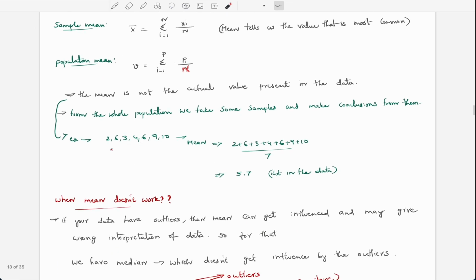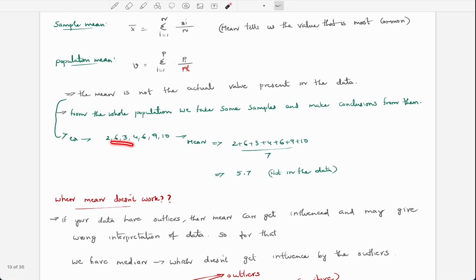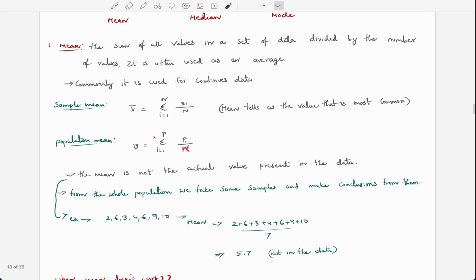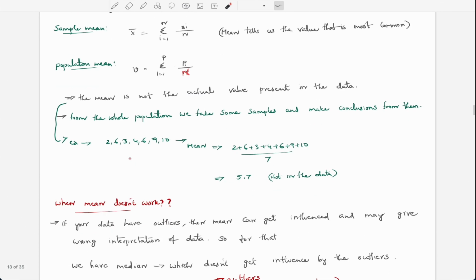I have given an example over here. We have sample data, and to find the mean we simply add the sum of all the values in the data set and divide by the number of values.